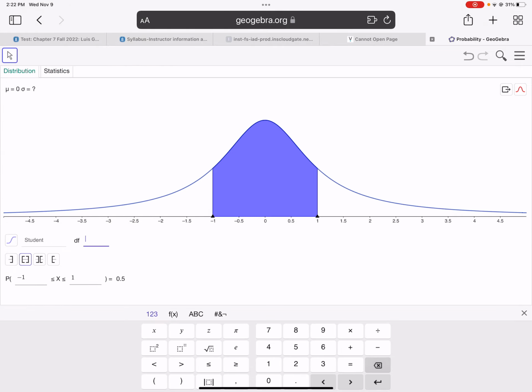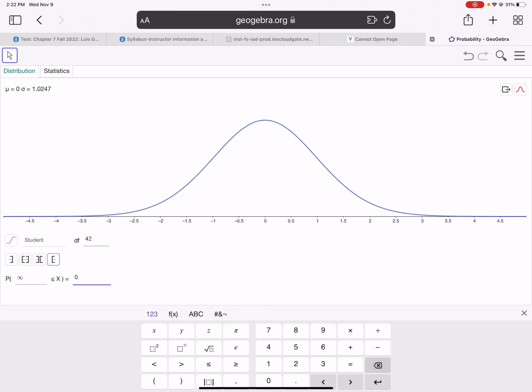We input 42, and we can use the right side or the left tail. Okay, so we input the alpha, which is 0.025, and I got the number 2.0181.